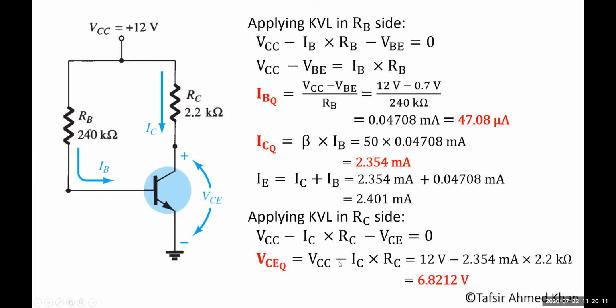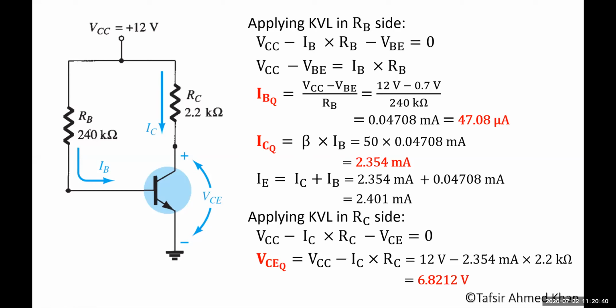So VCE is equal to VCC minus IC into RC, is equal to 12 volt minus 2.354 milliampere into 2.2 kilo. So milli and kilo, they become volt. So volt minus volt, they become volt. 6.8212 volt. Here you can see I have used Q. As you wish, you can use it, or you cannot. You do not want, you can skip it, no problem.